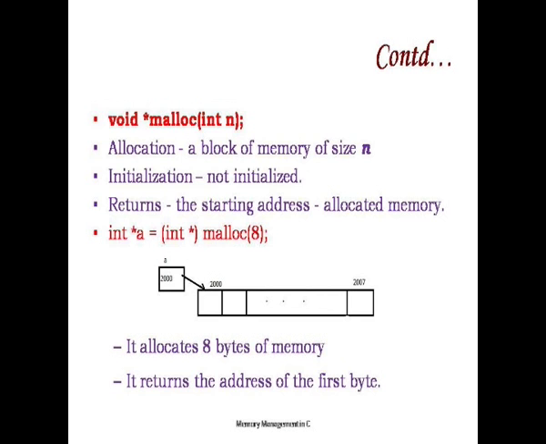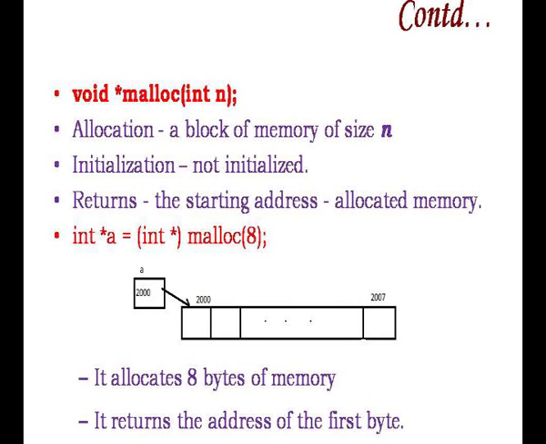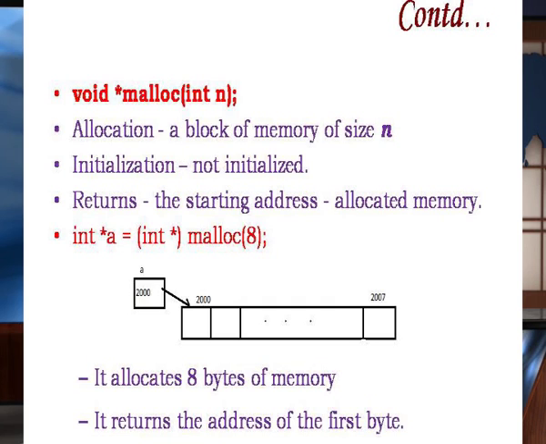The memory allocated by using this function is not automatically initialized. The figure shows a variable with the memory allocated as the result of the malloc function, with a requested size of 8 bytes. The variable A has the address of the newly allocated memory area.